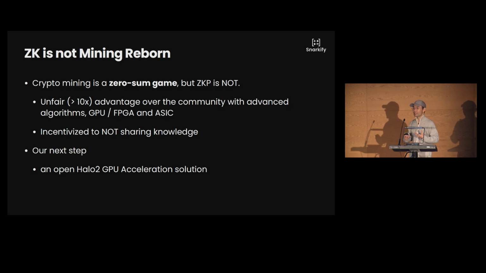Either as a project, you can front-run the community because you design the algorithm and optimize it before others, or when the community is on CPU, you can use GPU, FPGA, or even build an ASIC. And people are incentivized not to share the knowledge. That's basically what I learned in the crypto mining community. But this time in the ZK community, our company would like to do it in an open way. After this work, we are going to build an open source Halo2 GPU acceleration solution. For anyone who is interested in this work, please talk to us.